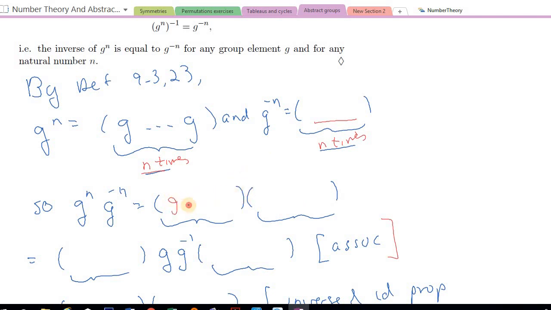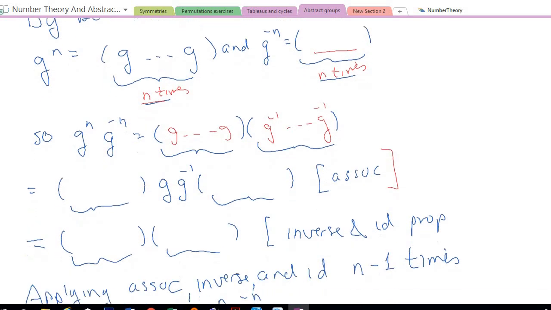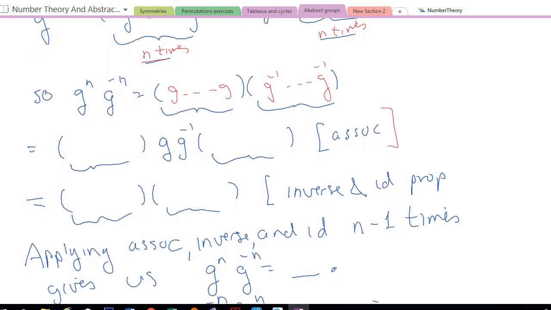Now remember, there are g's here and g inverses here. I can reassociate this so that I just have these two inner ones together in the same group. So that's what I've done. Then you need to think about what's left over here, what's left over here. Okay. And then what happens to g g inverse? Well, you use the inverse and identity property to figure out what happens to that g g inverse. And then how many times are left?